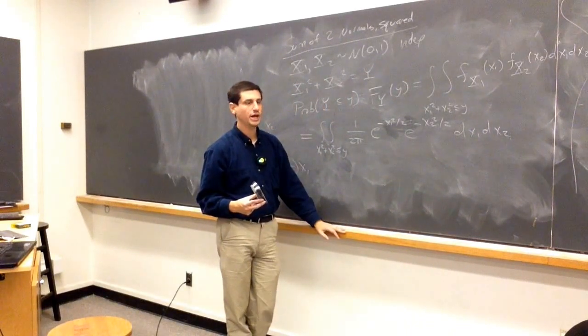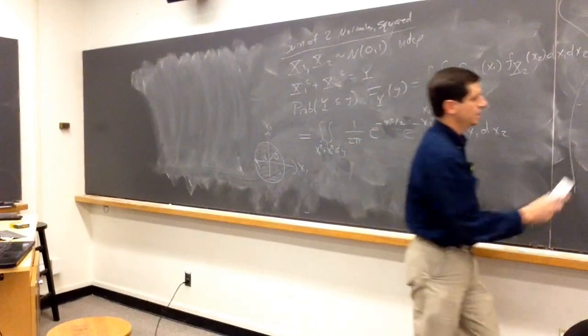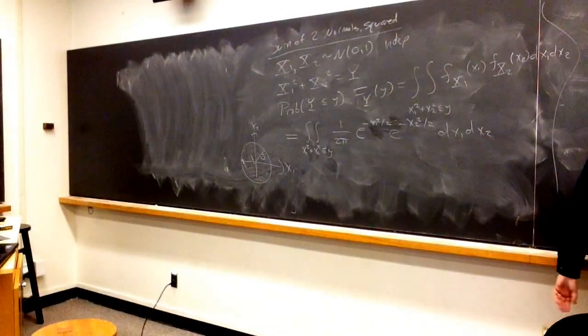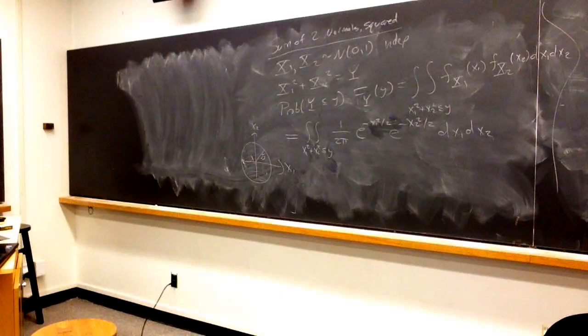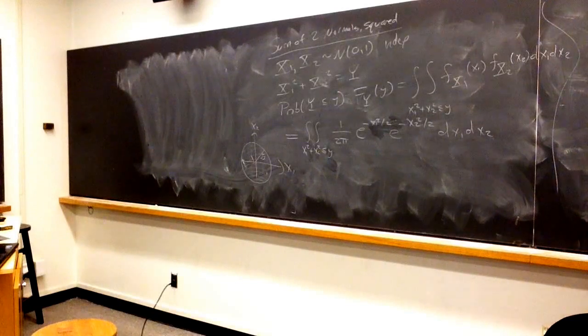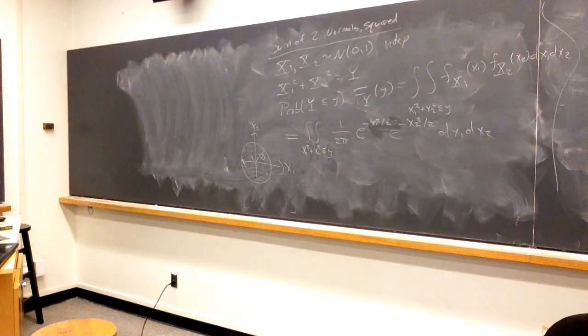What I want to do is end with the sum of 2 chi-squared random variables. So we'll say x1 is chi-squared with nu 1 degrees of freedom. x2 is chi-squared with nu 2 degrees of freedom.